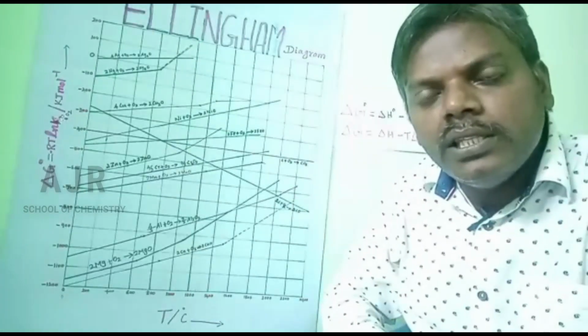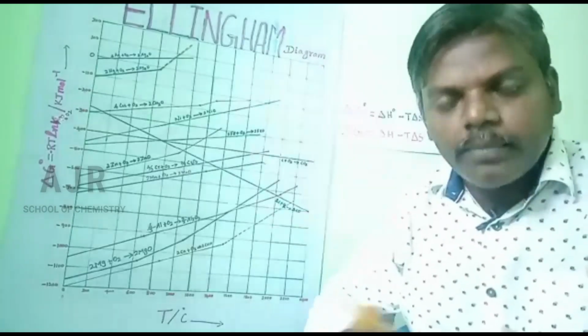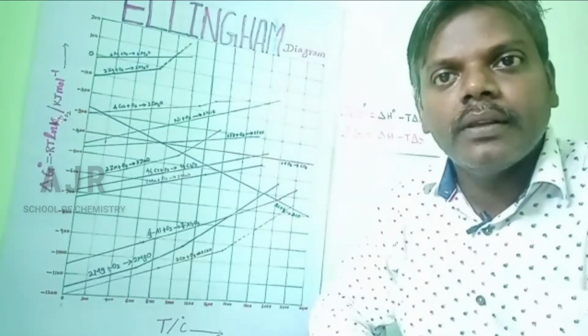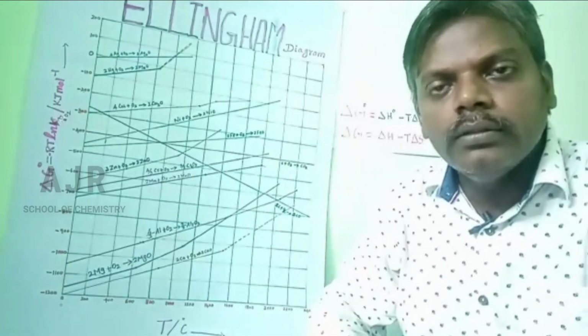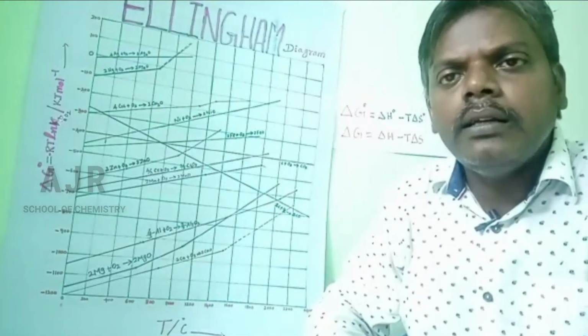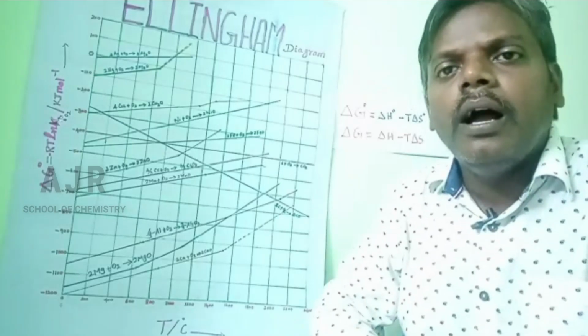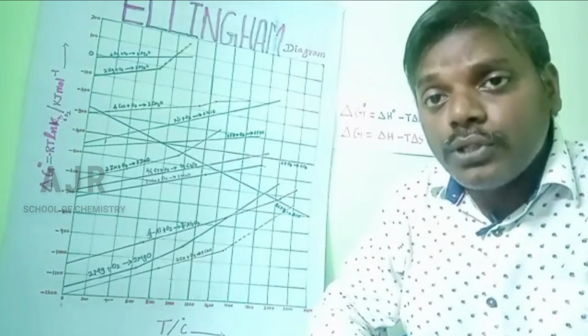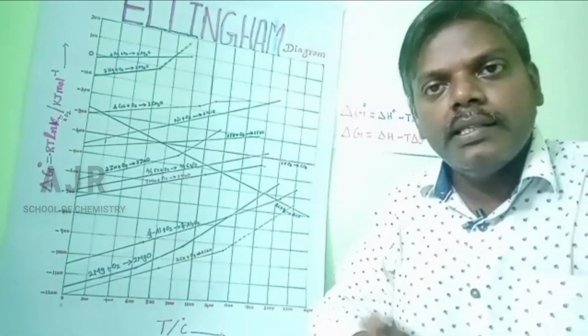If the delta G0 value is negative, then the metal oxide is more stable. If the delta G0 value is positive, it suggests that the metal oxide is less stable at that particular temperature, and decomposition becomes easier. So this is observation number 3.